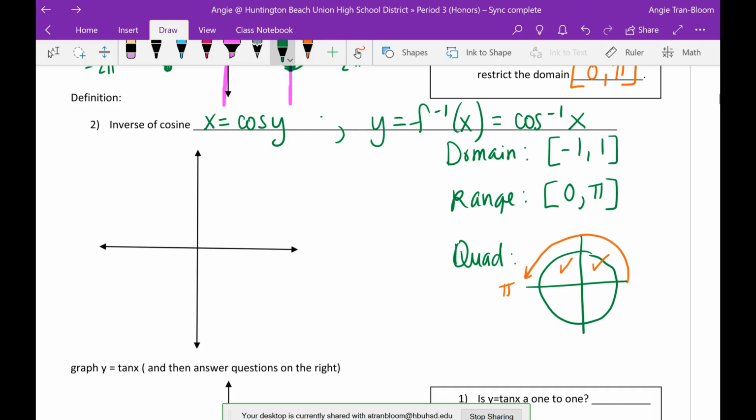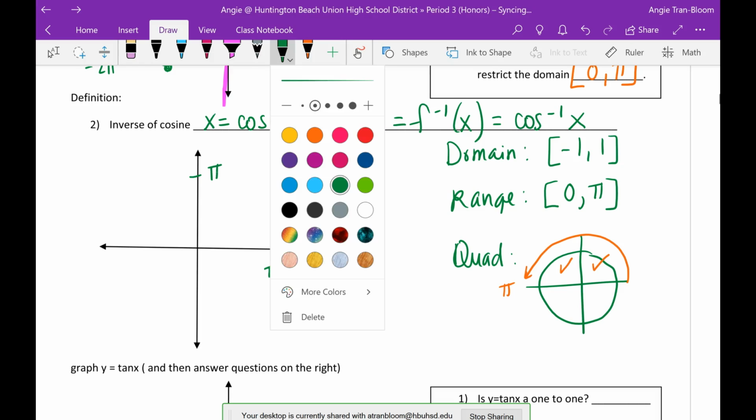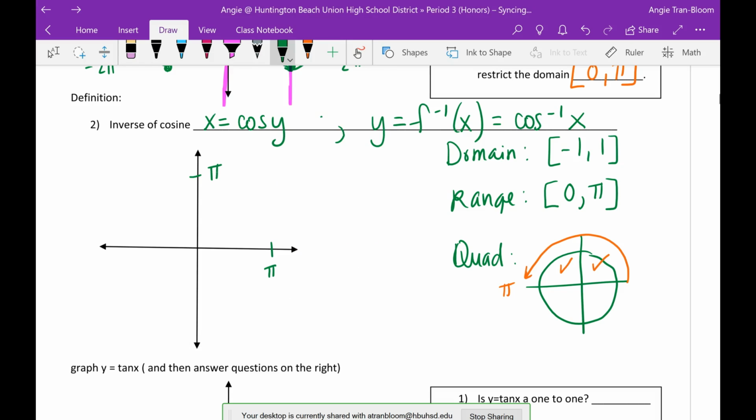Now, because we use 0 to pi, here's pi. Then I need to make a tick mark. So 1 about 1/3 of the way, 2/3 of the way, because pi is about 3. So this is 1, negative 1's over here, and negative 1's down here.